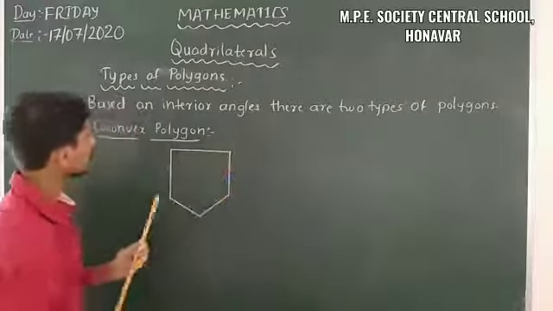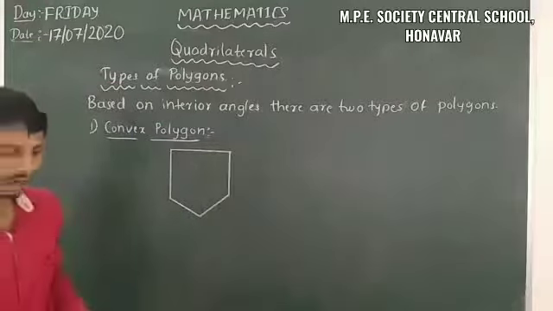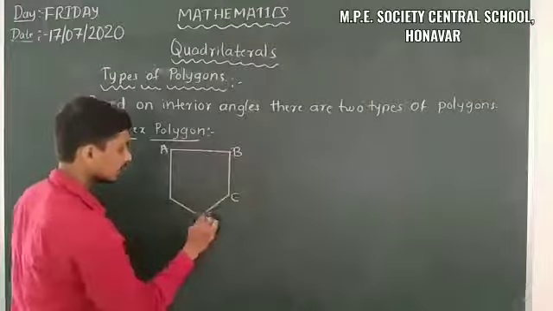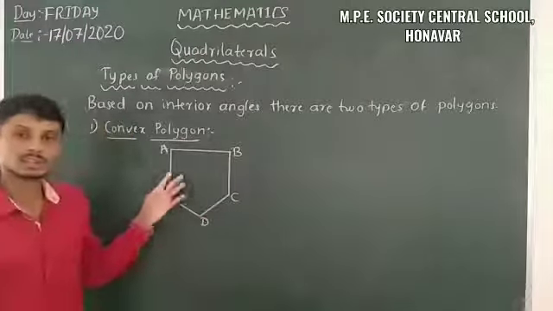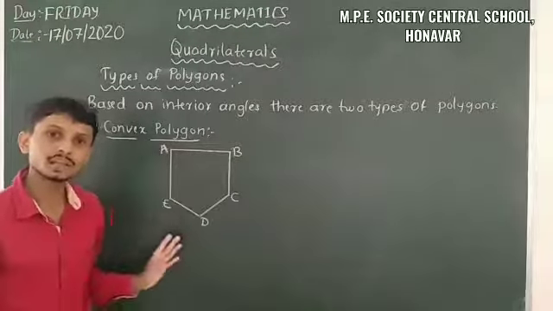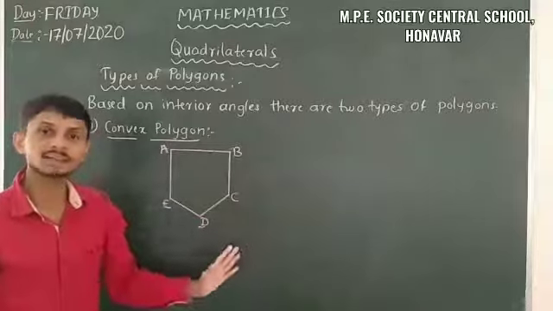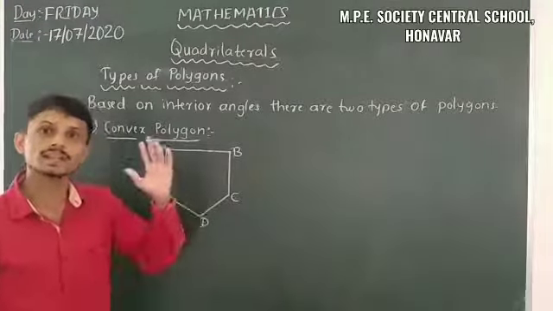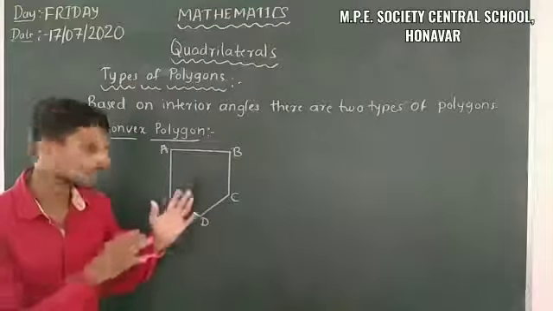This is one example of a convex polygon. I will take A, B, C, D, E. That means it has 5 vertices, which means it has 5 sides and also 5 angles. All the interior angles are pointing outwards.